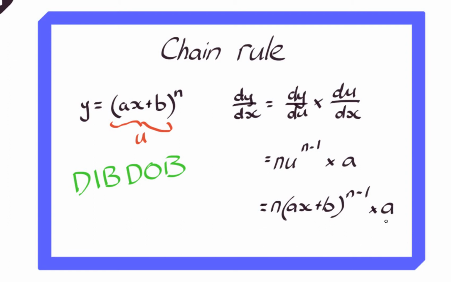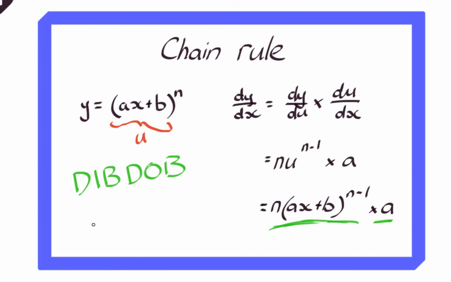So this bit here is our dib, right? We've differentiated in the brackets and got the value of a, and then this other bit is the dob. So whether it's dibba-dobba or dobba-dibba, okay, that's a nice easy way to do the chain rule when we see a function like this. Okay, so that's a little refresher on differentiating.